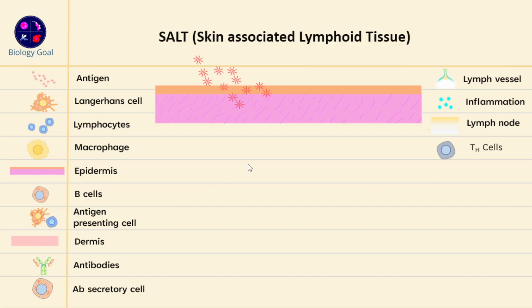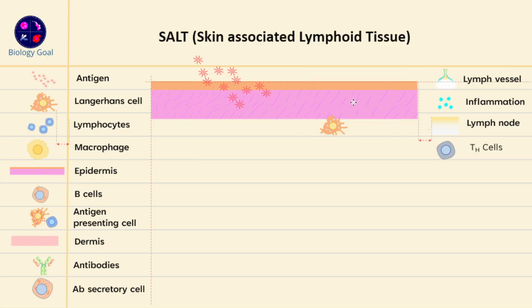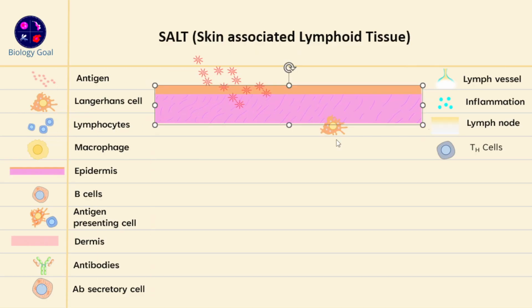The first important part is keratinocytes. I'm going to use this cellular representation to show that, let's assume, these are the keratinocytes, and they are present right in the epidermis. The function of keratinocytes is that they are immune active structural cells.